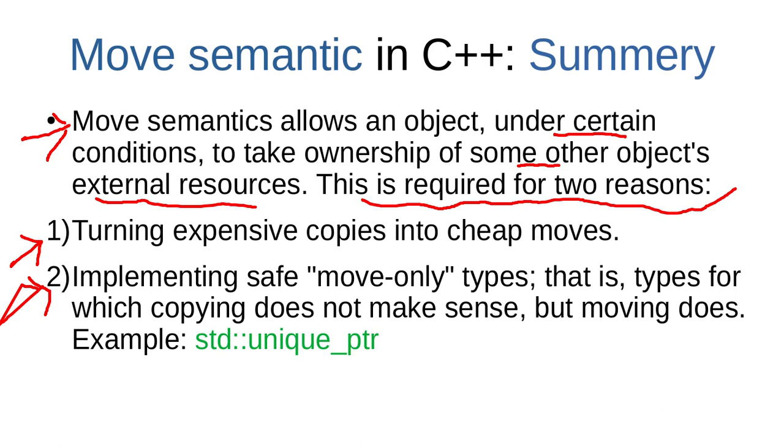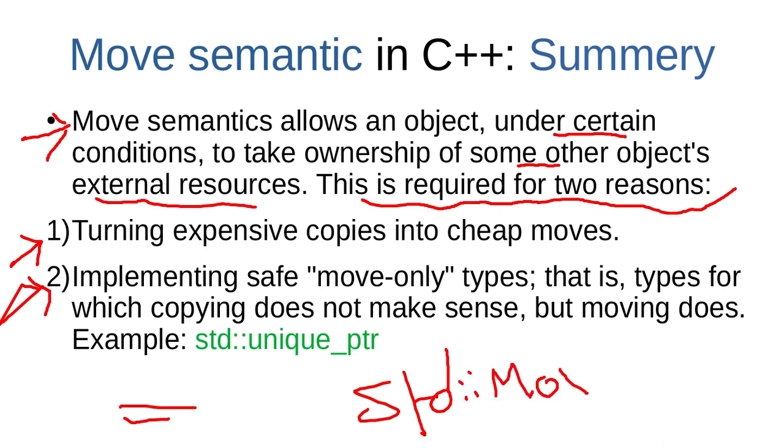Example, unique pointer. As we know, two unique pointers can't point to the same memory location. In that case, if I want to transfer the object to another unique pointer, I can't use the assignment operator, so I have to use std::move. In that case, the ownership will be transferred to the new pointer.